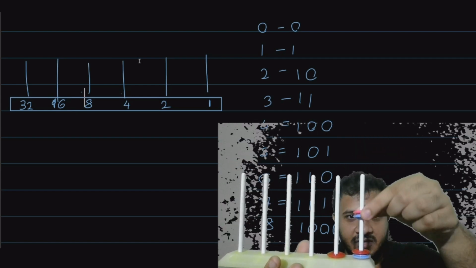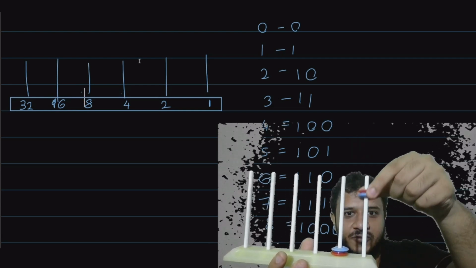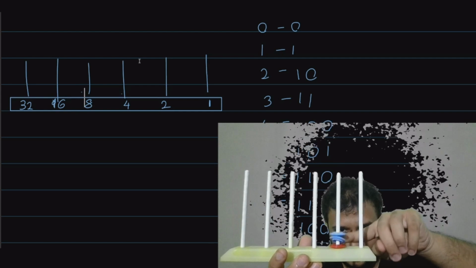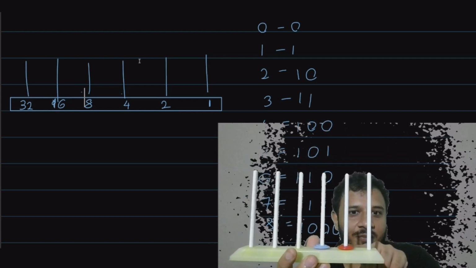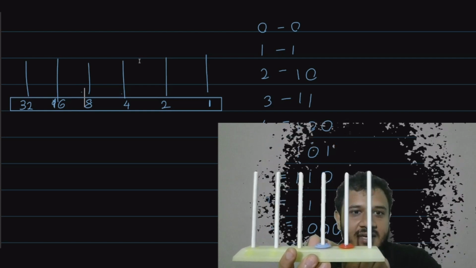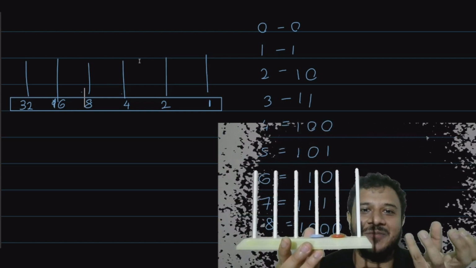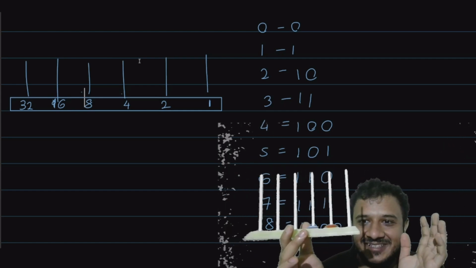I can take another group of 2 and give a 1 to the neighbor. I can make another group of 2 and give a 1 to the neighbor. Now out of these 3, I can make a group of 2, give a 1 to the neighbor. Can I make a group of 2 here? No. So let it be. Can I make a group of 2 here? No. So if you can make a group of 2, you give a 1 to the neighbor. Do you guys get the idea?